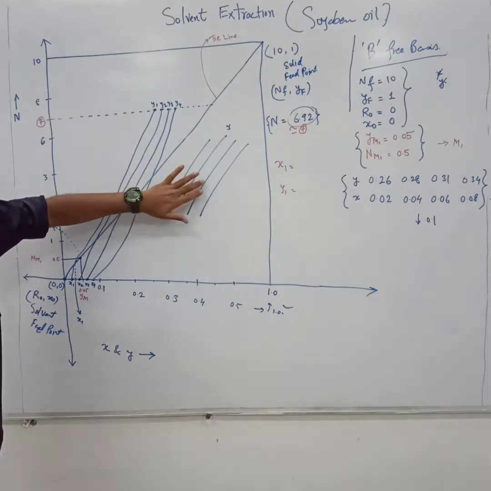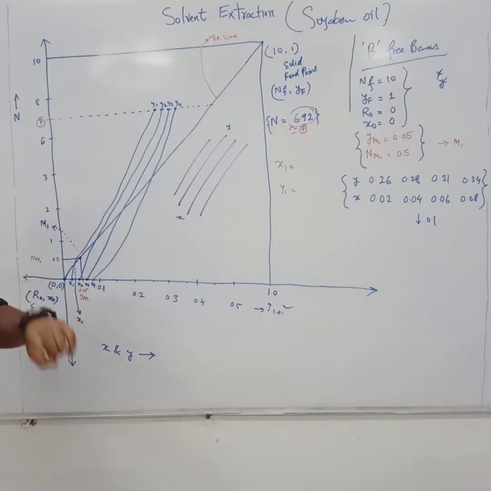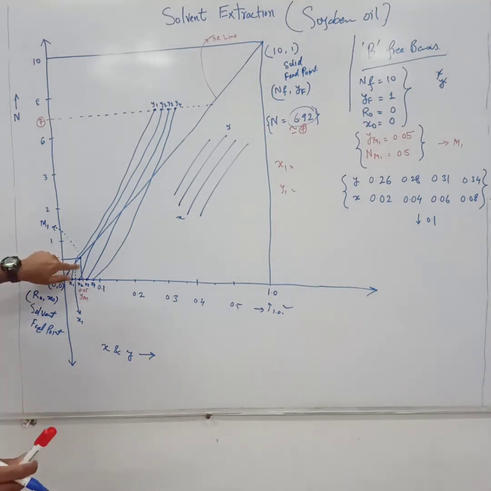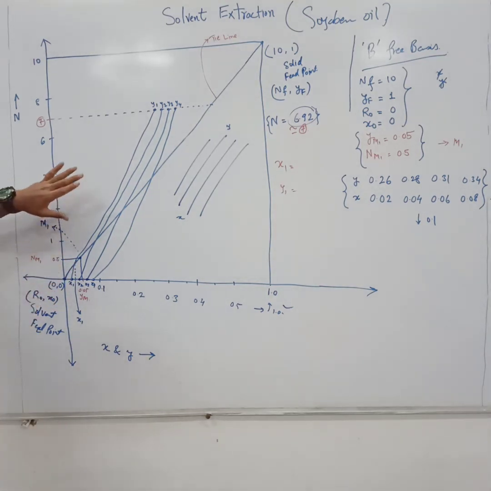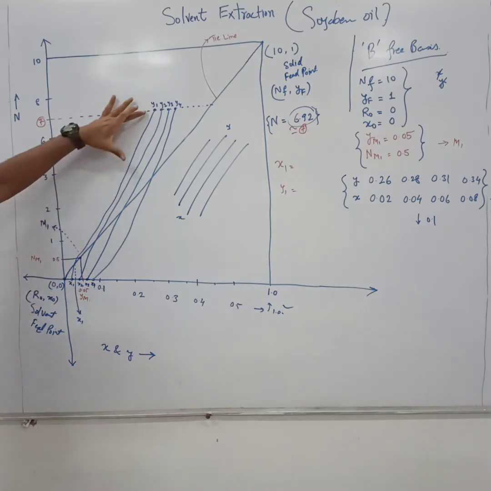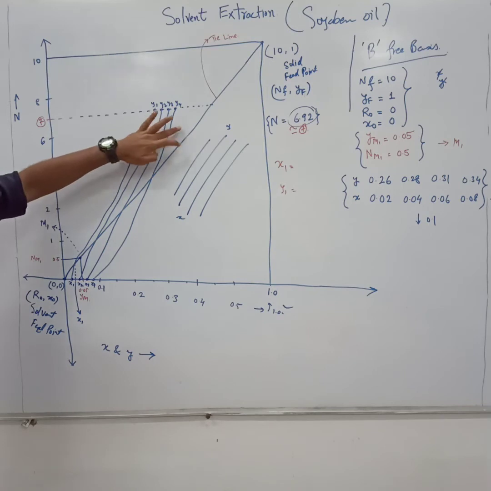Out of these four lines, you need to consider first the line which is closer to point M1. After that, find the straight line which joins the points x1 and y1 where it cuts your tie line.